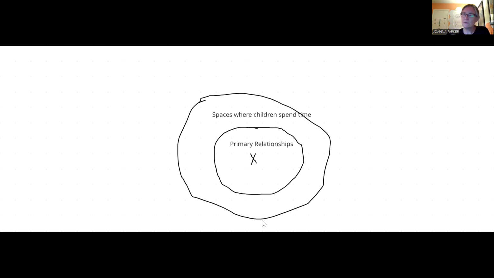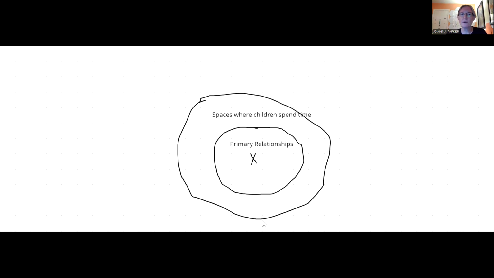And it's really important for us to be aware of where those spaces are, right? So we're thinking about who children are spending time with and where children are spending time. And for some of our kids, we may not be the first place that they're going in the morning. They may be somewhere other than home before they get to us. And they might be going somewhere other than home when they leave us, right? And so being aware of those different spaces.